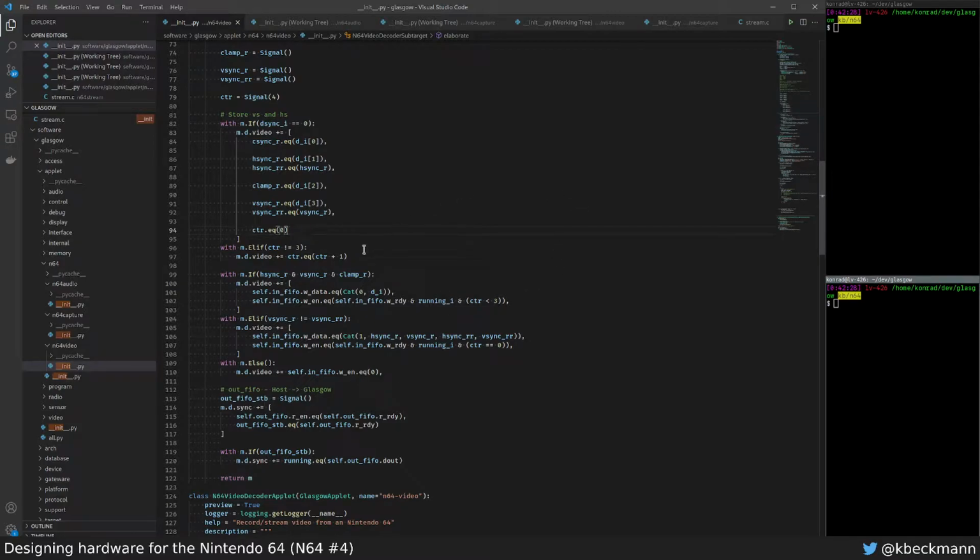So anyway, this works. What this does is essentially, when the sync signals are high, I feed the FIFO with R, G and B values. And if one of the sync signals is low, I also check whether the vsync changed.